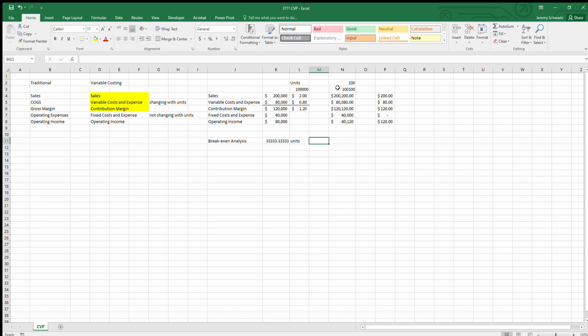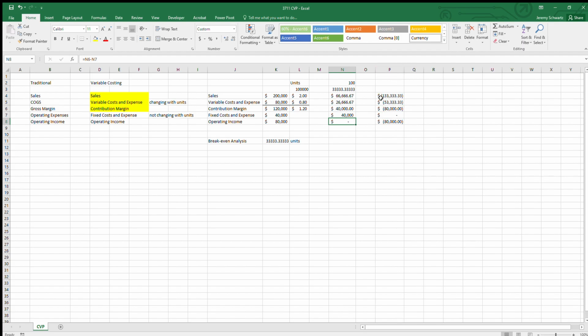One way of checking this, as we already had calculated this formula over here, is if we just went to this number here, we would see that we get exactly $0 in terms of operating income.